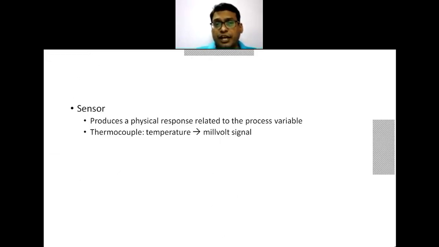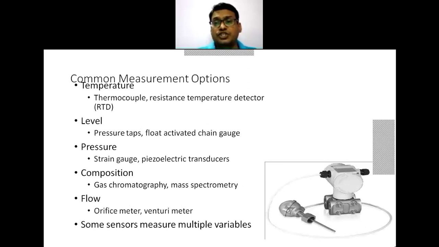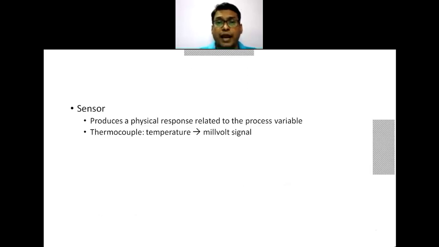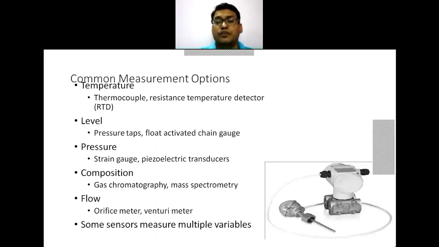That is needed. Now the measurements are to be done, and mostly it's the physical response that is related to the different process variables. The common measurements which are there, that is temperature, pressure, flow, level, and composition.